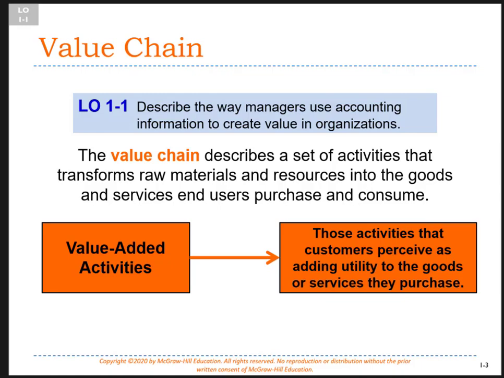So for instance, if you go to a restaurant, you have made a decision that what you buy there has value worth the additional price you're going to pay. Now, to get the food there at the restaurant, lots of things had to have happened that if you made it at home, you might do some of those steps yourself. But even if you make something at home, you probably have to buy ingredients, right?